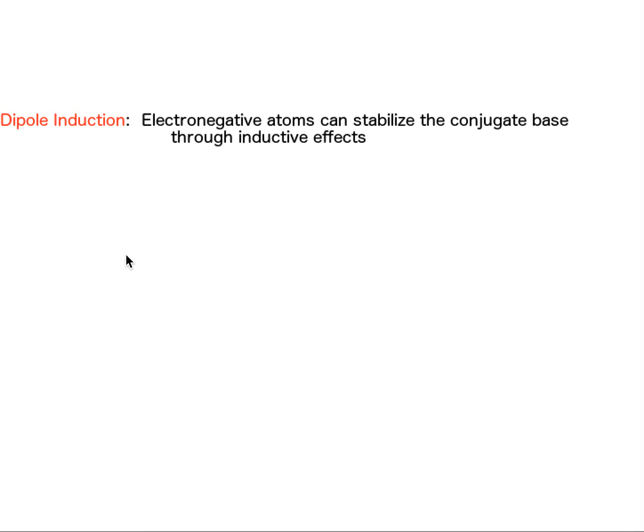So here we'll just look at two different potential acids. Here we have our acetic acid that we showed on the previous slide. And we're going to compare it to something a lot like acetic acid, except it's got a chlorine in there.